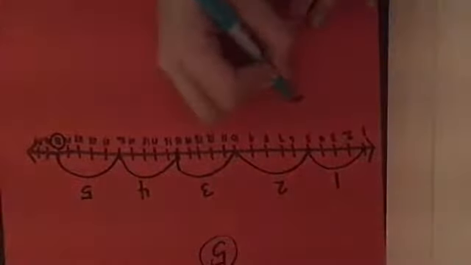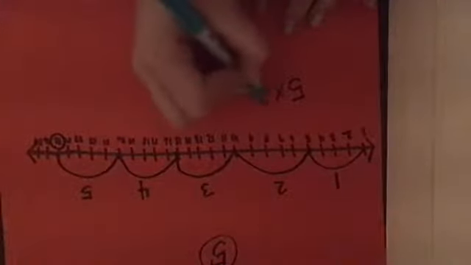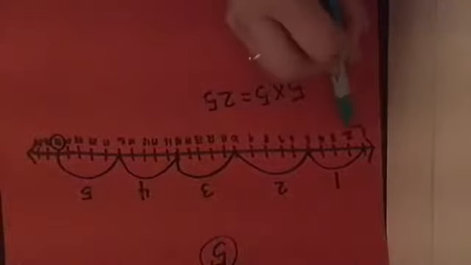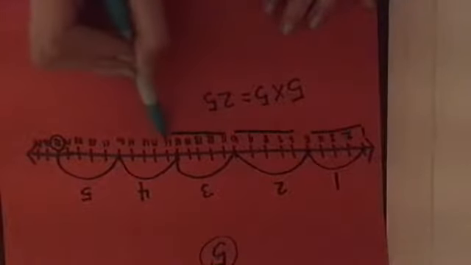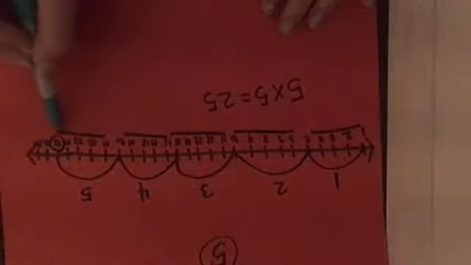So based off of this information, you can see that 5 times 5 equals 25, because we took 5 jumps and then there were 5 in between. So that's how we know that we did it correctly.